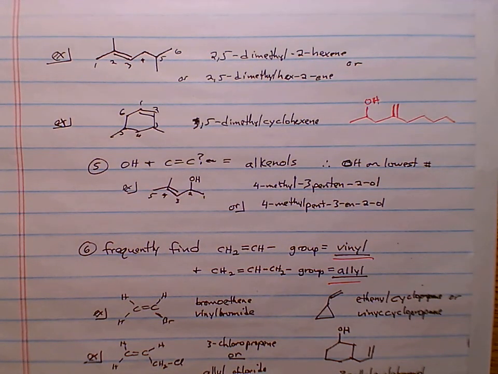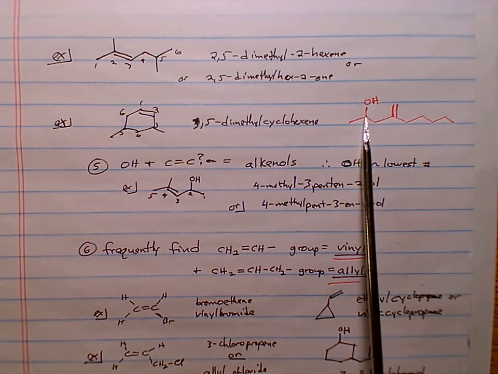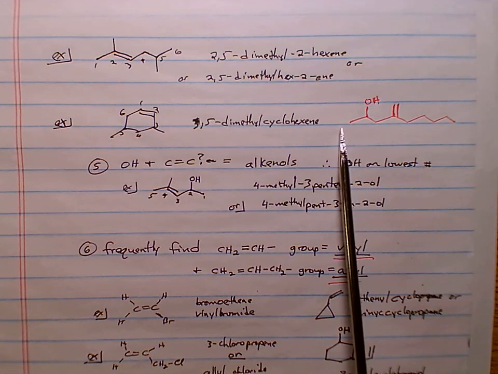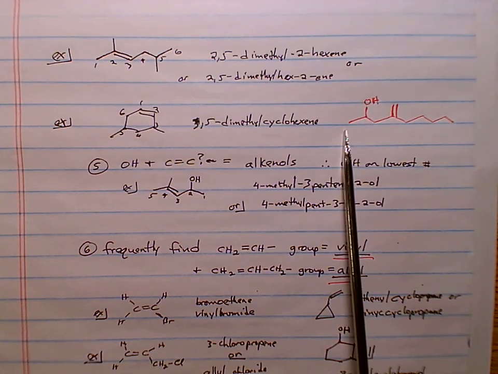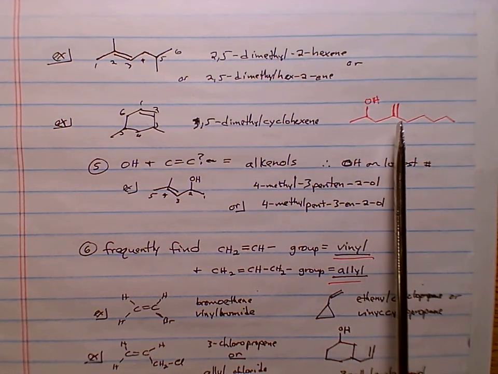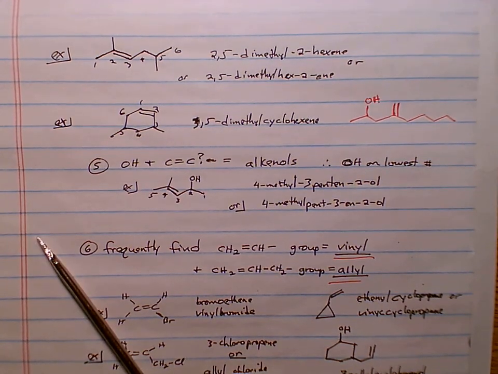And this one's actually kind of tricky because we need the longest chain, but recall we've got an alcohol and a carbon-carbon double bond, so our longest chain must contain the carbon containing the OH, and it must contain both carbons of the double bond. We need to give the carbon containing the OH the smallest number, so this would be carbon 1 here, 1, 2, 3, 4. But where do we start numbering after that, after we've gotten that 4?